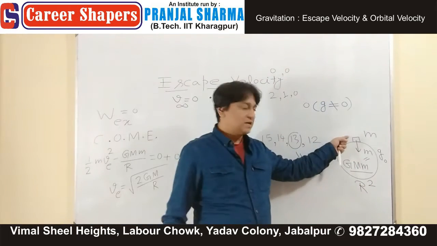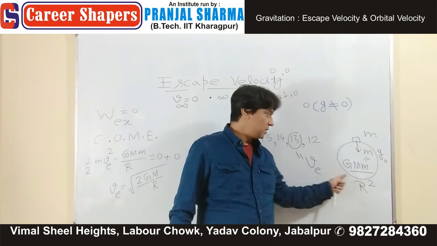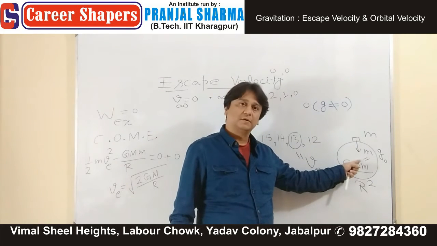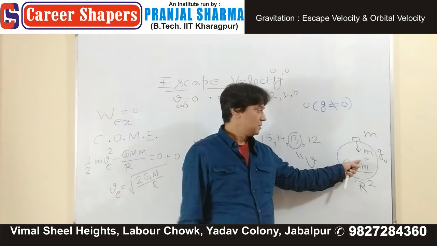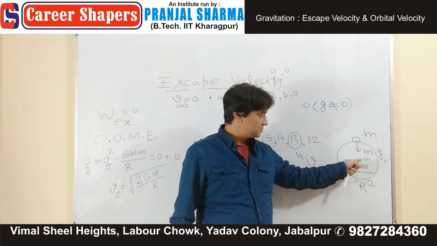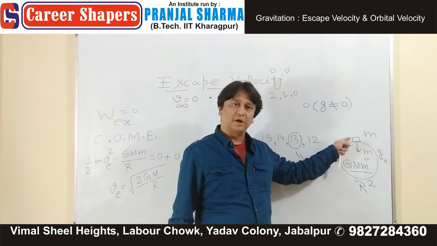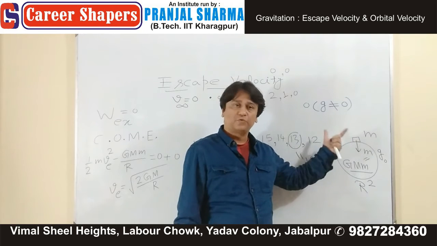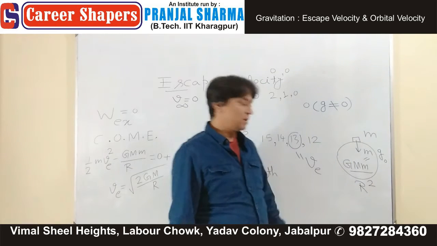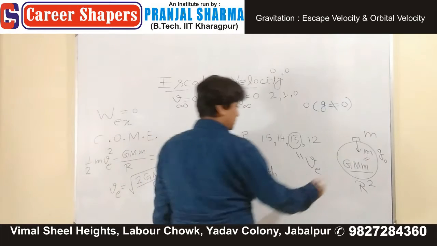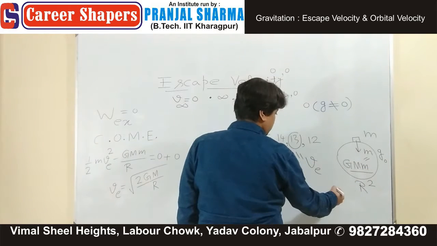If the object is outside, the entire mass of Earth can be placed at the center as a point. What is the distance between this point at the center and this point? Capital R. So what is the force? GMm by R square. It tells you that m cancels.